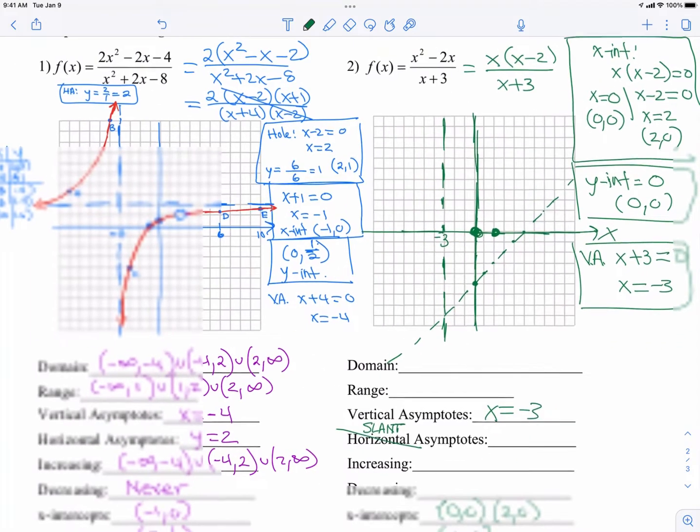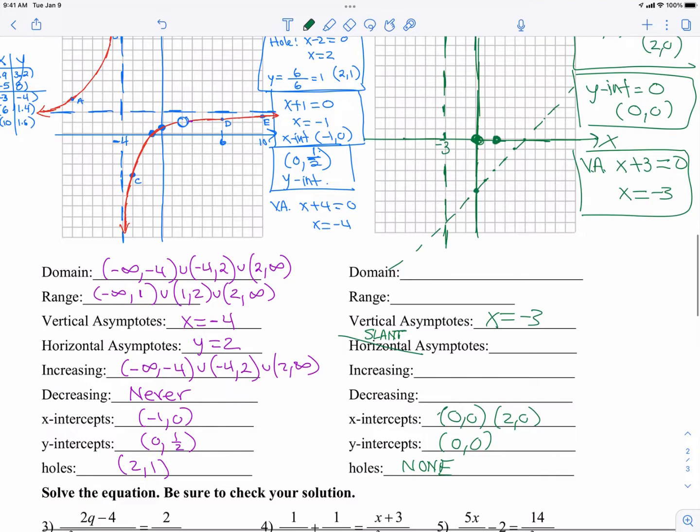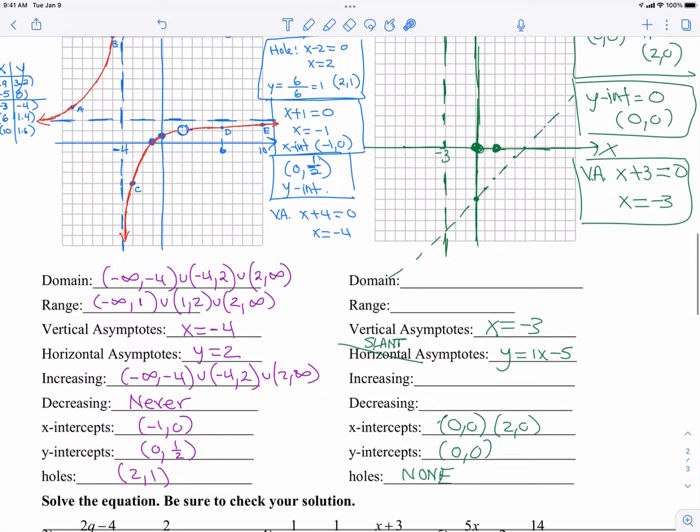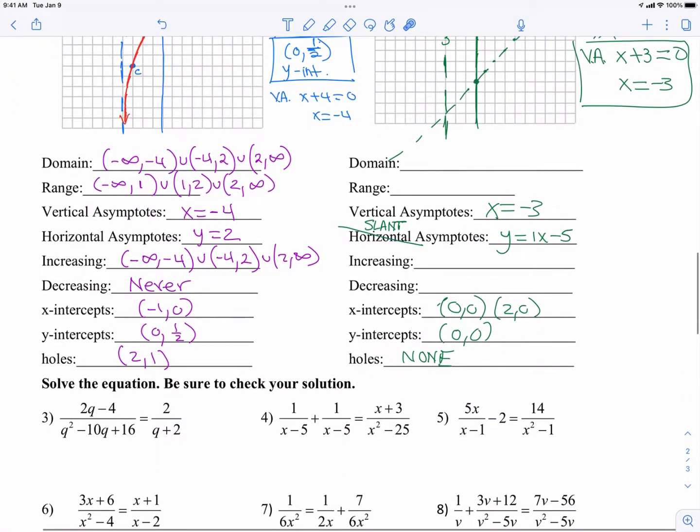Where it says slant asymptote here, just go ahead and write the equation there, which is y equals 1x minus 5. All right. What else do we need to find?